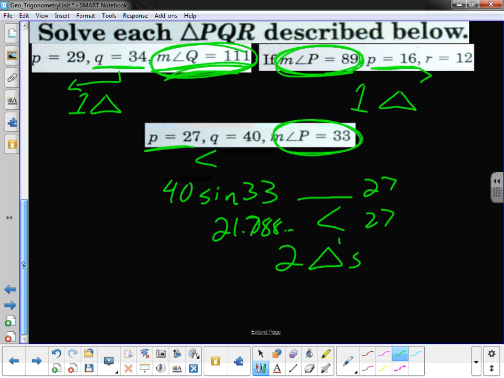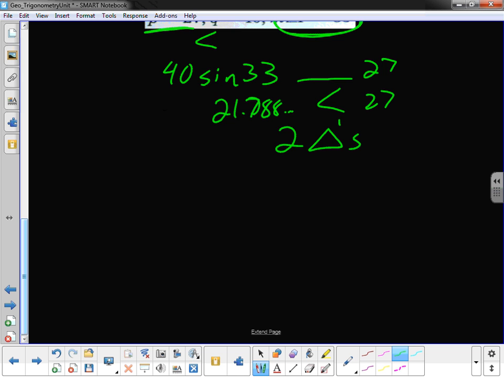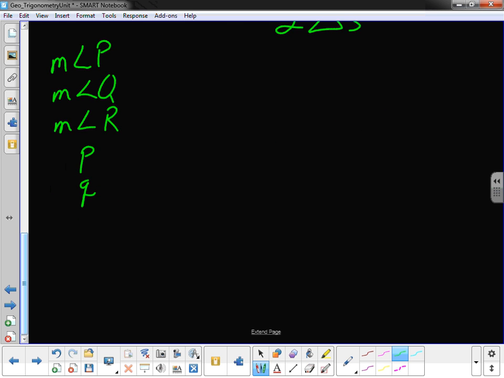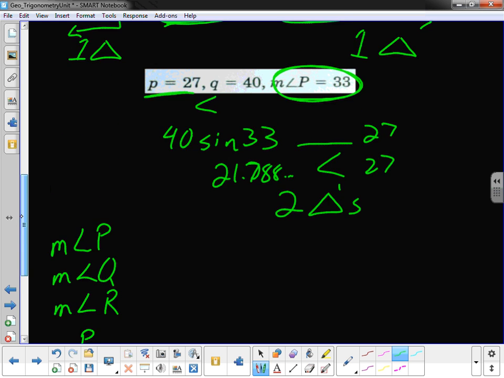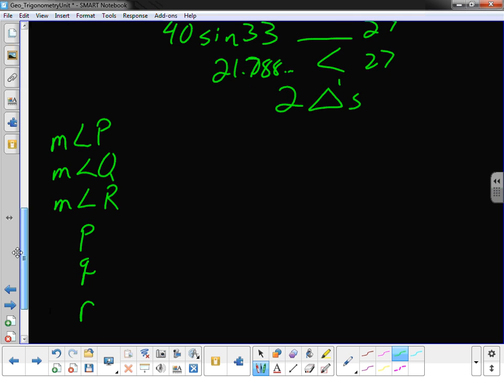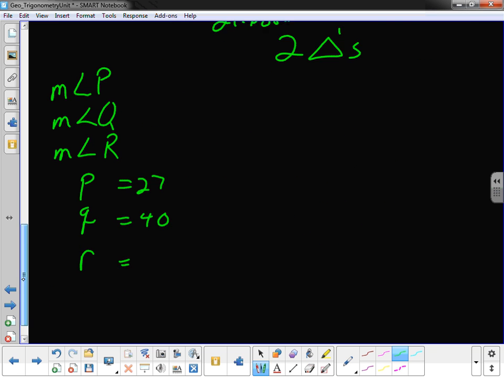So here's how we solve this triangle problem. We know we have to have an angle P, an angle Q, an angle R, a side P, a side Q, and a side R. So my P is 27, my Q is 40, and my angle P is 33 degrees.